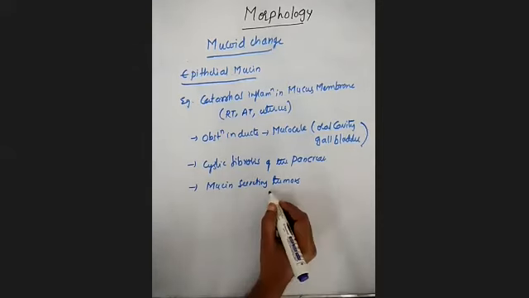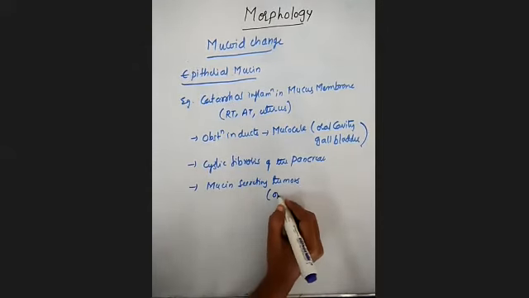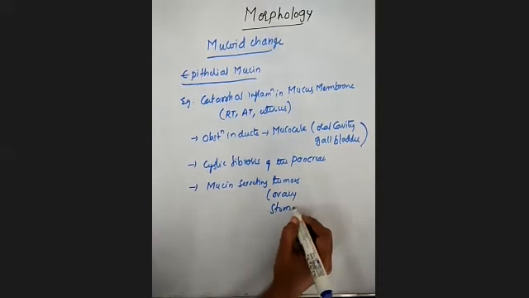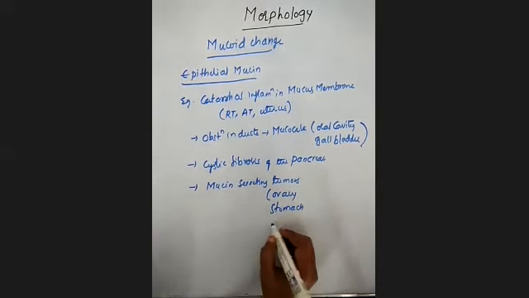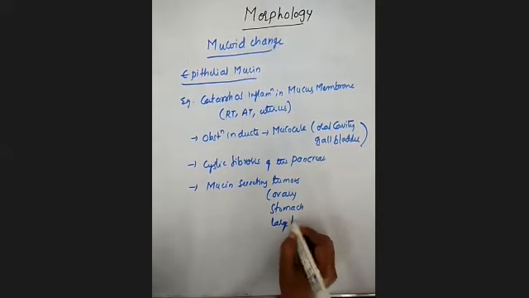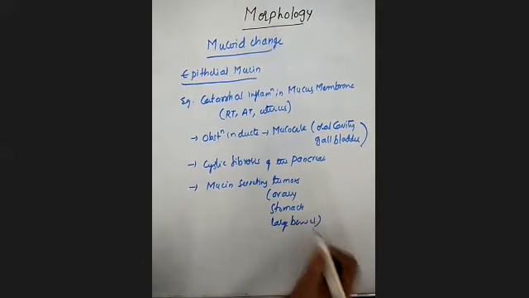These tumors occur in the ovaries, the stomach, and the large bowel, that is the large intestine. So these are the examples regarding epithelial mucin.